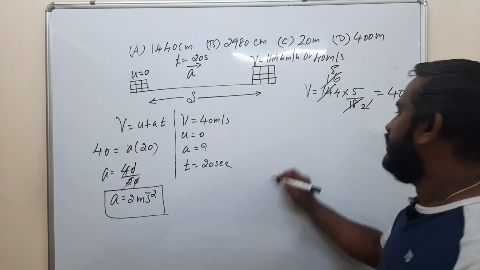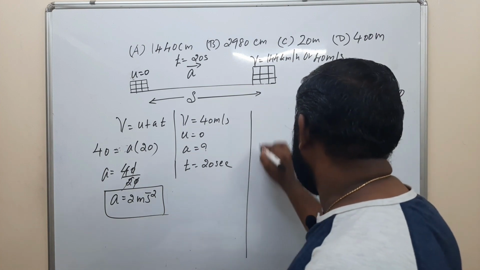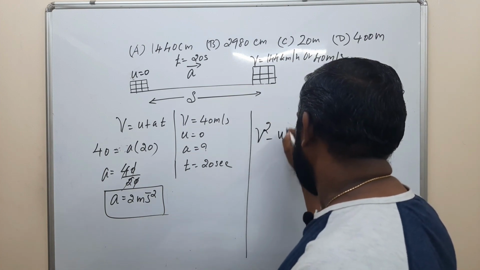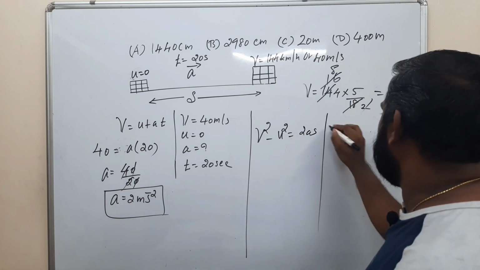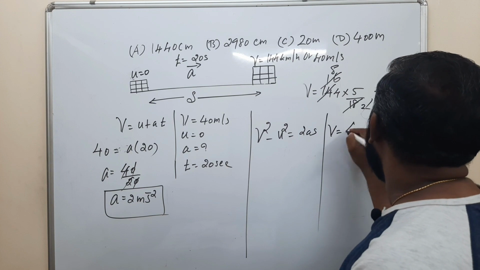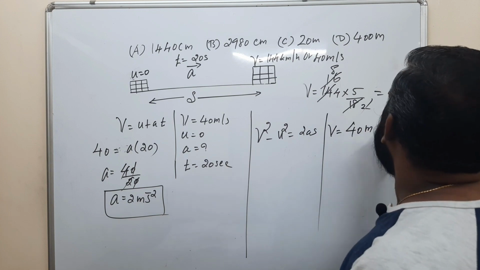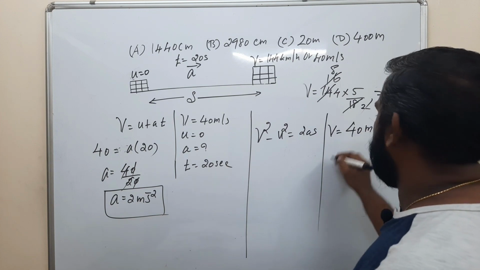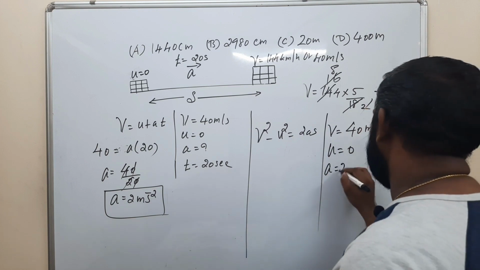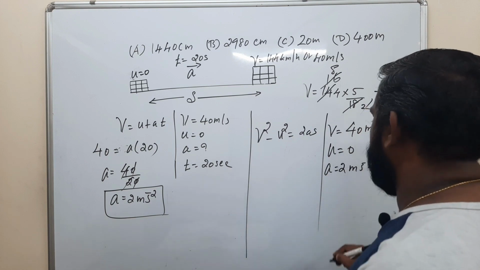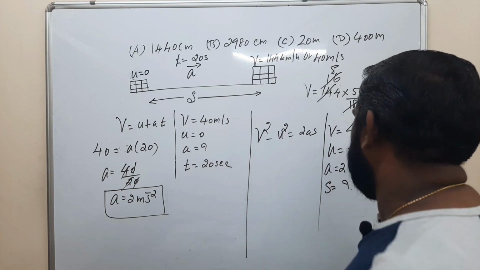Now the distance traveled by the object we have to find. So v square minus u square is equal to 2as. Final velocity v is 40 meter per second, initial velocity is 0, acceleration is 2 meter per second square, and s we have to find out.